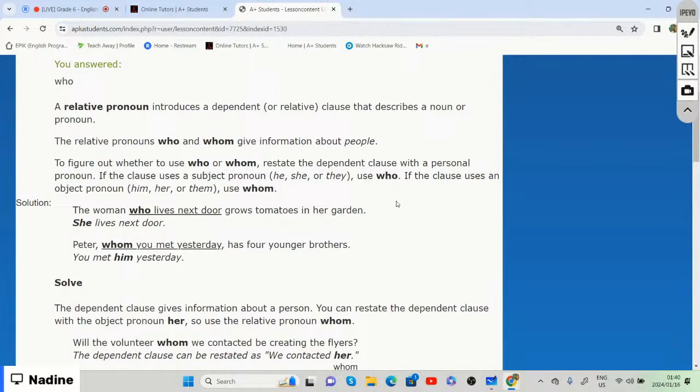And we use the word whom if the clause uses an object pronoun such as him, her, or them. Example: Peter, whom you met yesterday, has four younger brothers. If we rewrite that sentence, it can basically be: you met him yesterday.